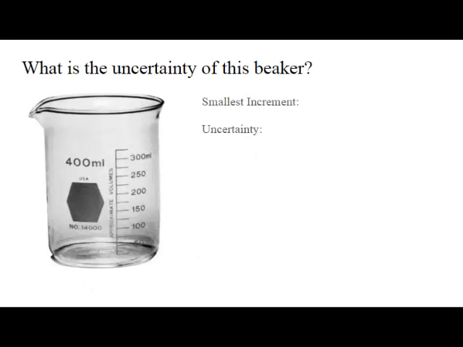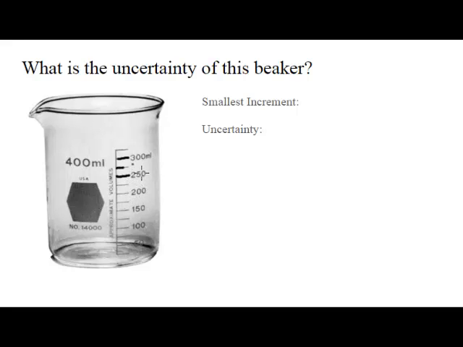Okay, let's try another one. This one is a little bit tougher. You think you can figure out what the smallest increment of this beaker is? Well, I think you notice that, look, this line is labeled with 250, and this line is labeled with 300, but then there's a line right here that isn't labeled.